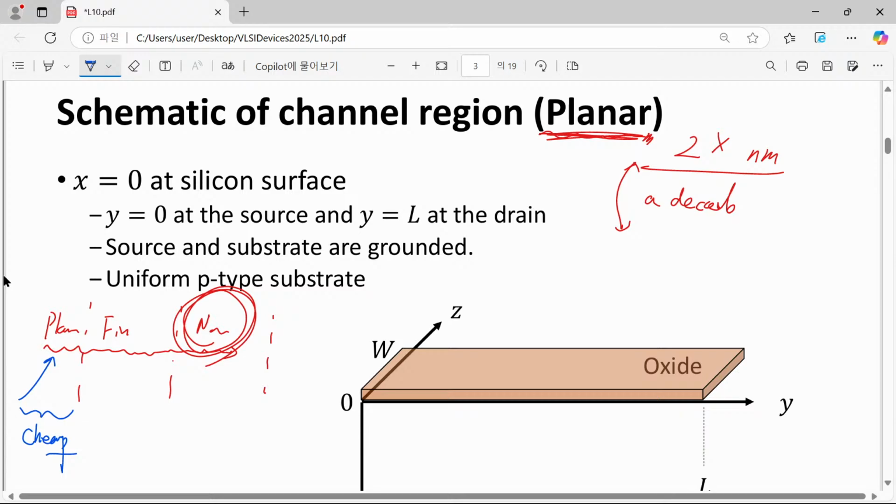Still, most of the financial benefit comes from state-of-the-art devices, because Nvidia and Apple and all kinds of big tech companies are fabricating the fastest, most powerful ones using nanosheet or FinFET technology and getting a lot of money.